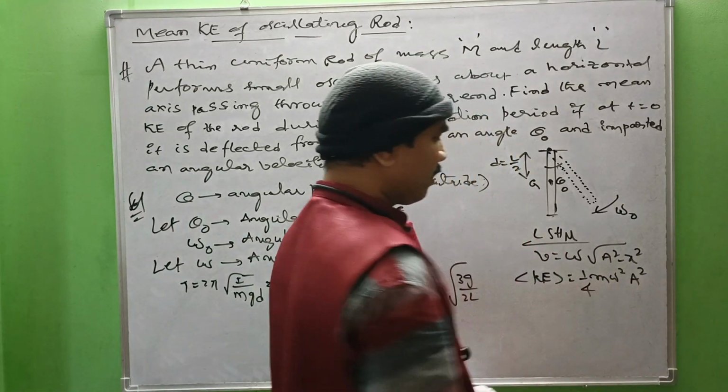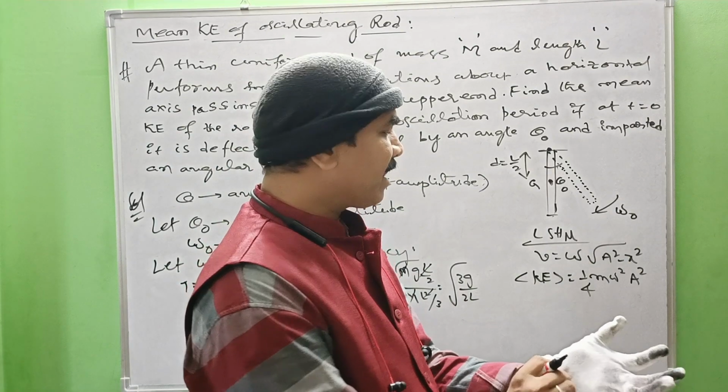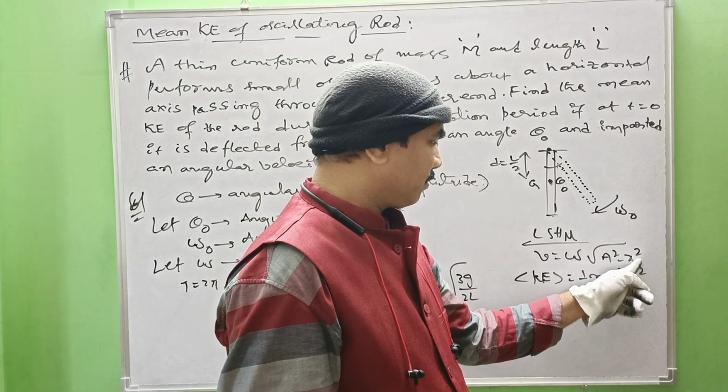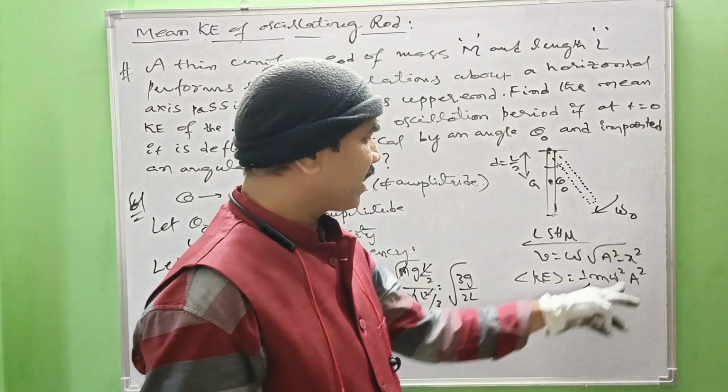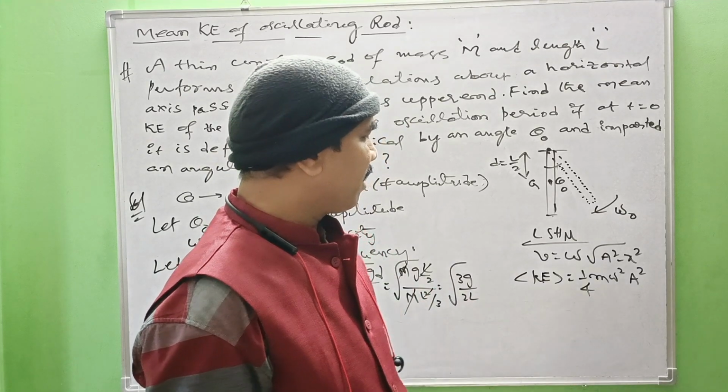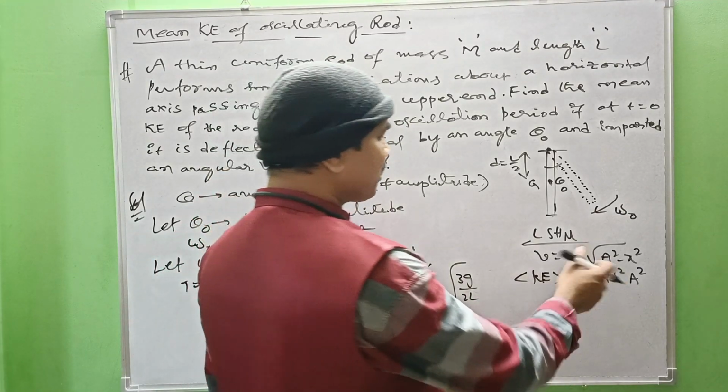Here A means linear amplitude, x means linear position of the particle, omega means angular frequency, m means mass of the body.